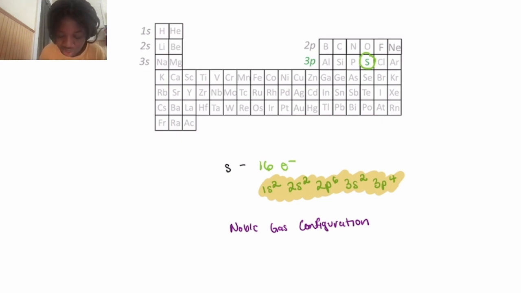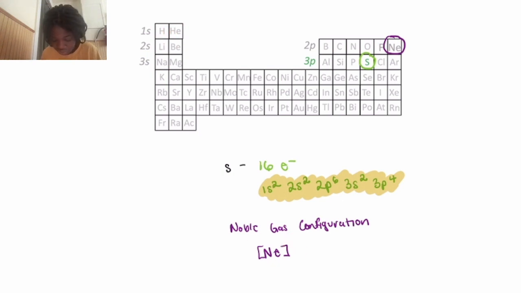So let's do this for sulfur. Now, what noble gas precedes sulfur? That would be neon. So let's start there. I'll put neon in brackets. And now we're going to be starting here because all of this has been covered just by this.